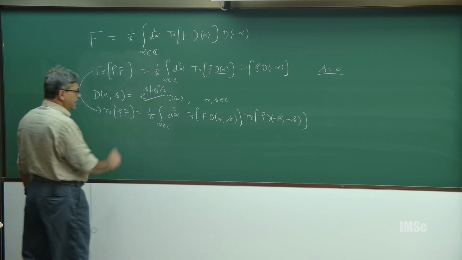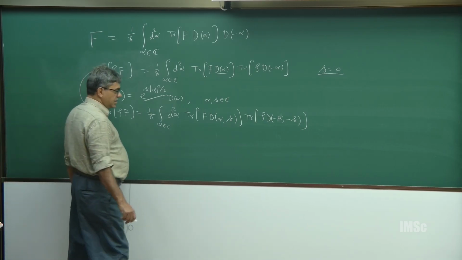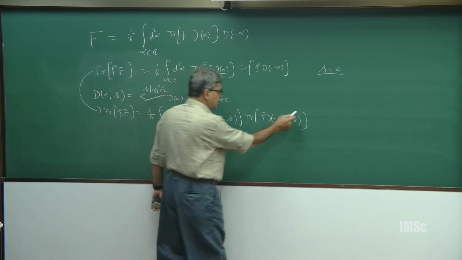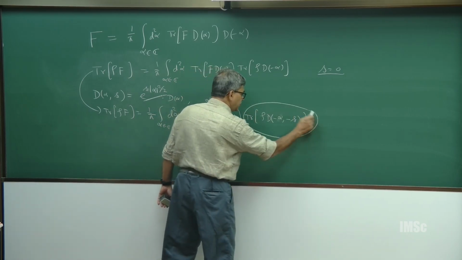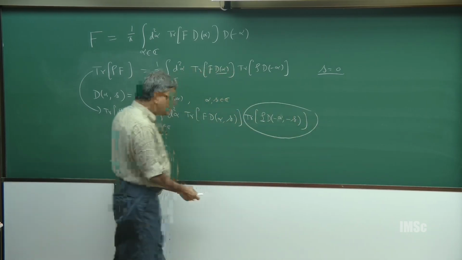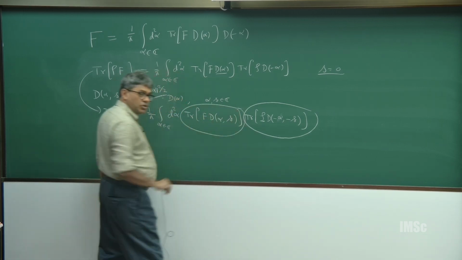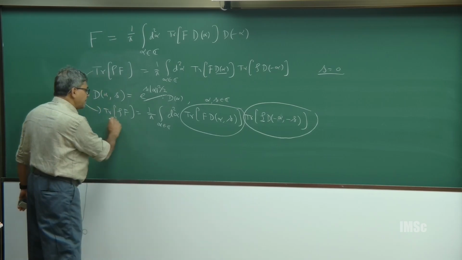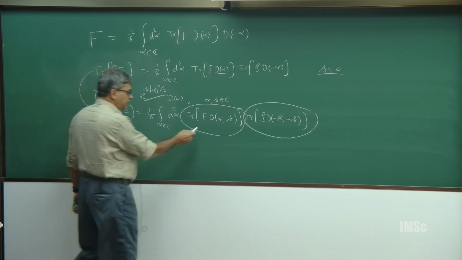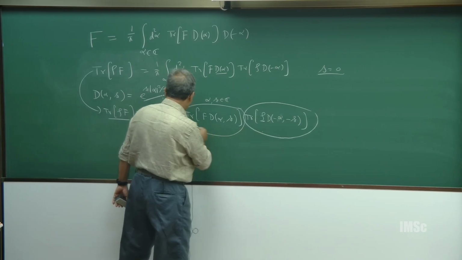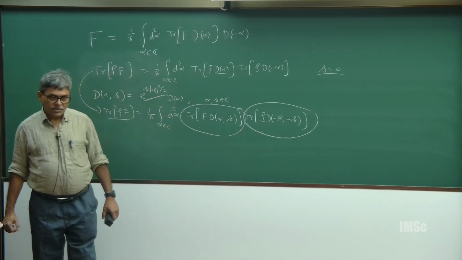Basically it tells you that you may consider this as a weight function corresponding to the density operator rho, and this as a weight function corresponding to the operator f. In order to calculate this average value, you need the product of these two weight functions and then integrate it out.